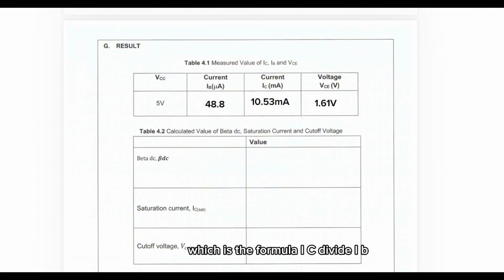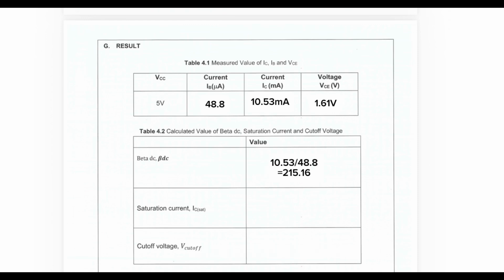The formula of beta is IC divided by IB. So 10.53 milliampere divided by 48.8 microampere, and the answer is 215.16.